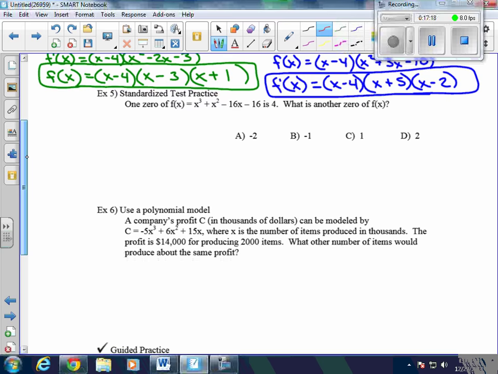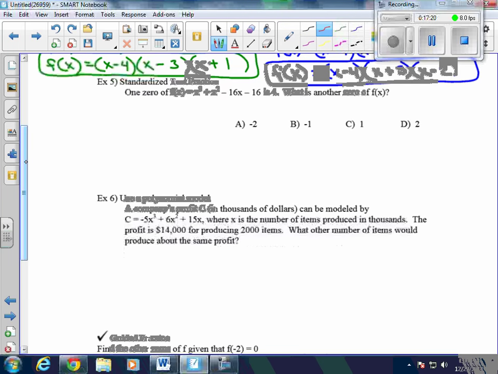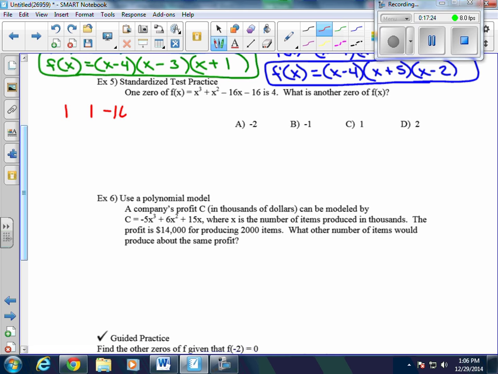So we're going to use synthetic division once again. And so here we're going to have 1, 1, -16, -16. We're going to put in 4. They tell us that 4 is one of the zeros, so we put it in there. And again, we should expect to get a remainder of 0 because if it is one of the zeros, we're going to get a remainder of 0.